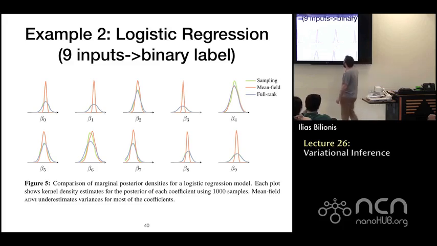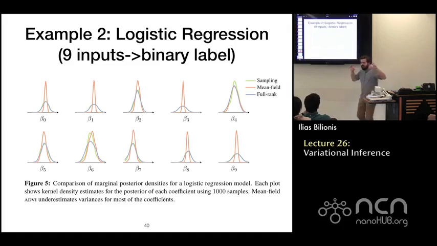Now, what you must note here is that the truth here is the sampling approximation. But the sampling approximation may require hundreds of thousands of evaluations of your model. The variational approximation may require hundreds of evaluations of your model.